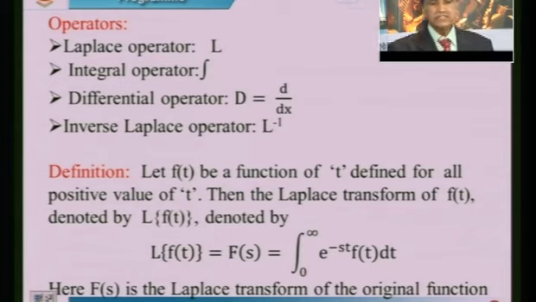I would like to remind you once again, after studying all these things, you have learnt Laplace transform on three important properties, that is the shifting property, the derivative property and the integration property, that is the division property.